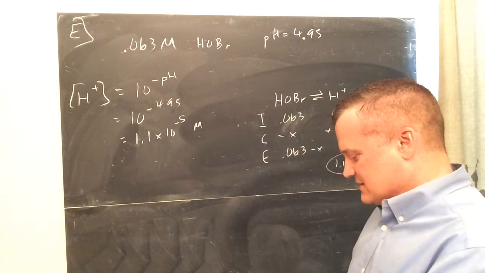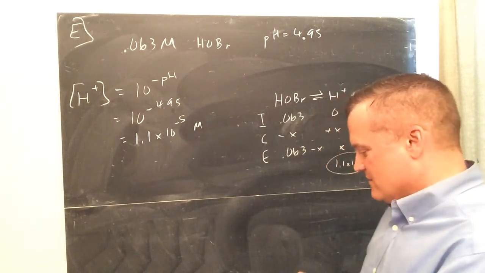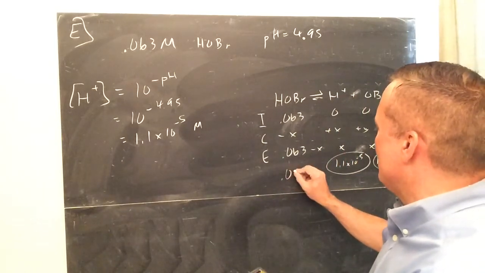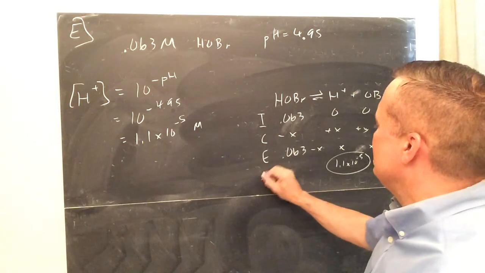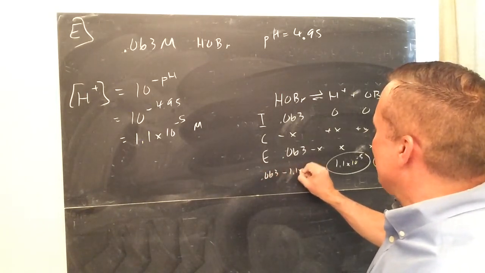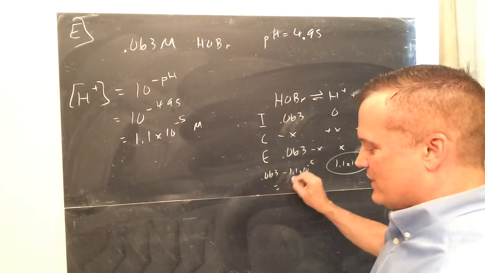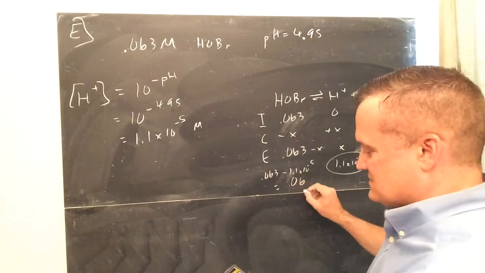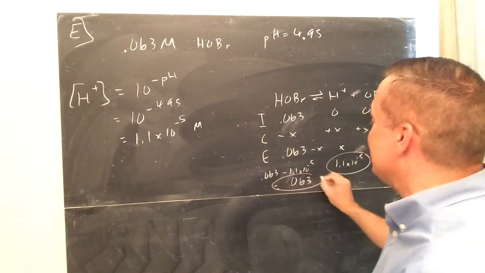0.063 minus 1.1 times 10 to the negative 5. I always do it that way. I'll just write it that way this time; you can expand it if you want. But anyway, it ends up being 0.063. It stays the same.